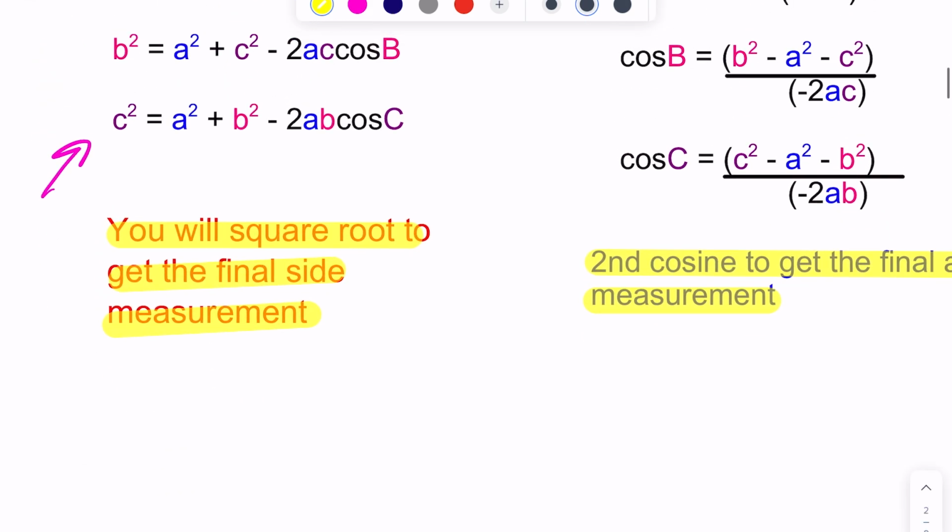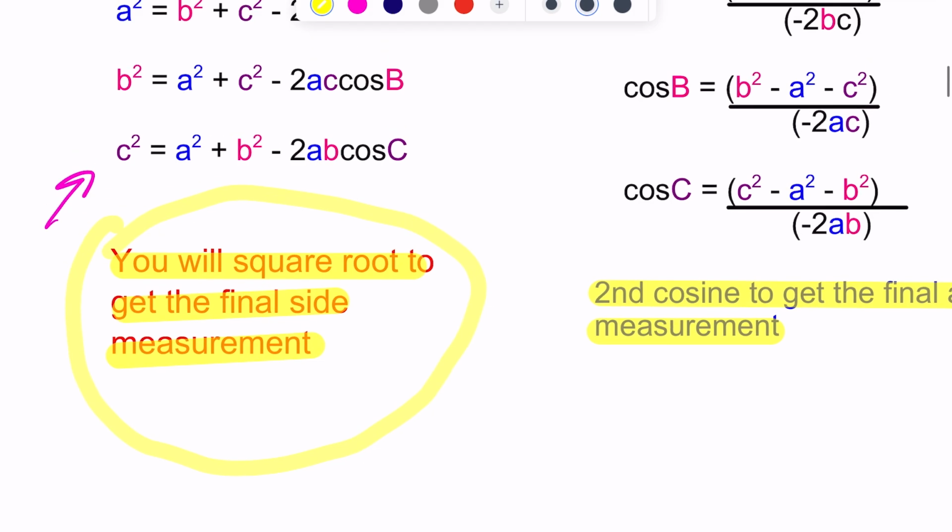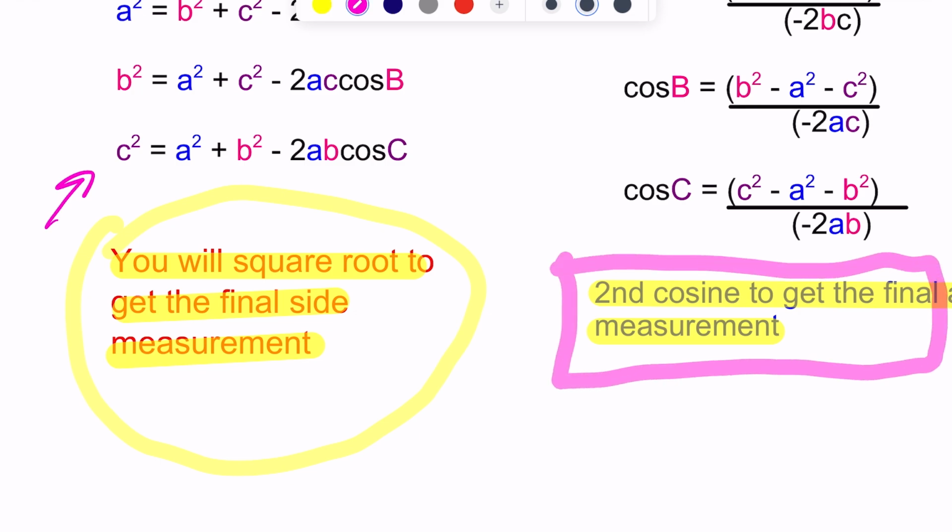And then, this is very important here, on the left-hand side, we will need to square root the right-hand side. Once again, I'll show how all this works. And then on this other one, we will need to do inverse cosine, so cosine -1, in order to solve what we have on the right-hand side of the equation.